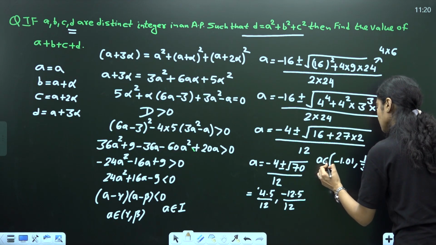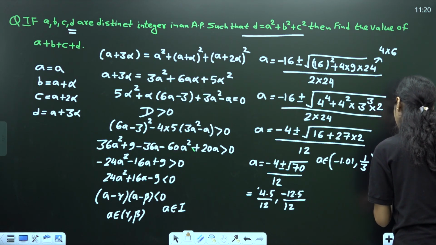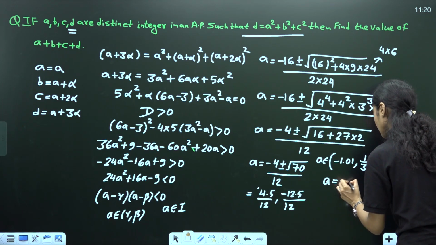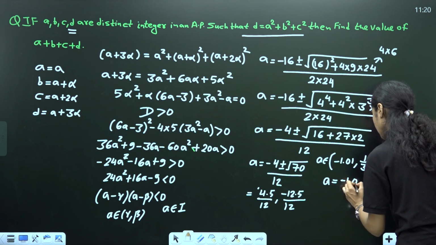Now a is an integer quantity, so the integers lying in this interval are minus 1 and 0.